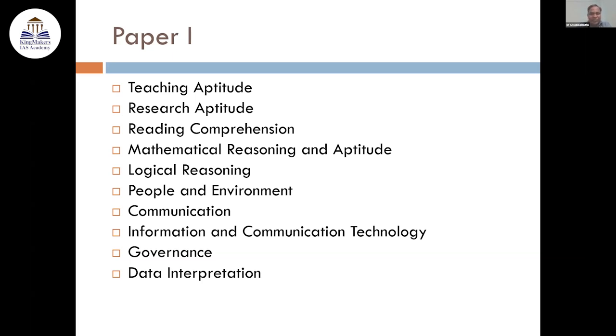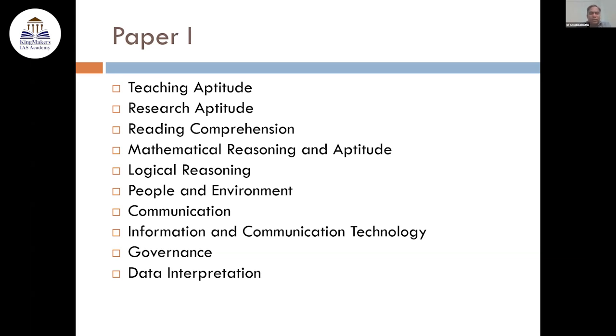It requires teaching aptitude and research aptitude, and certain questions will be a little difficult. That's where you need exposure through coaching or some kind of training and practice. Especially with regard to data interpretation and a little bit of mathematical reasoning, you may have to make an effort.